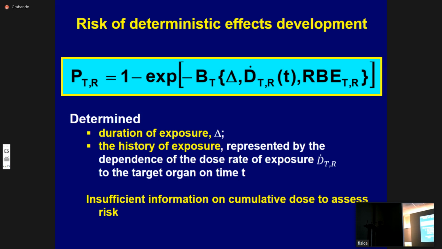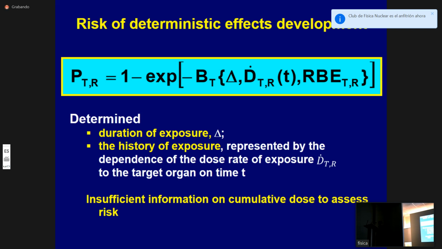To assess the risk of developing deterministic effects, there is not enough information on the accumulated dose. If the duration of exposure exceeds several hours, then in order to correctly assess the risk, it is necessary to know the history of the exposure, which describes the change in the dose rate over time, as shown in the next slide.